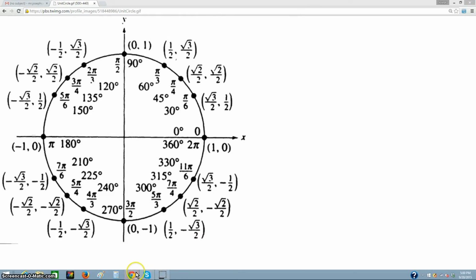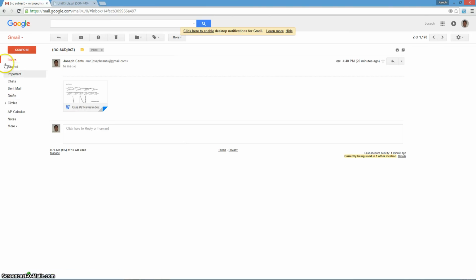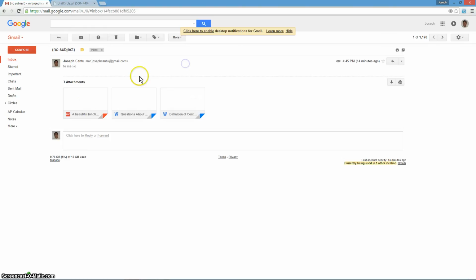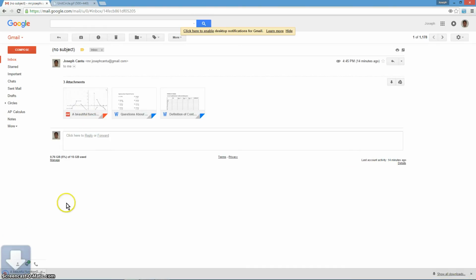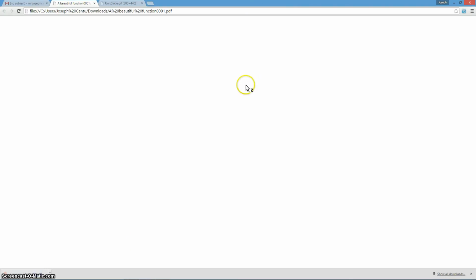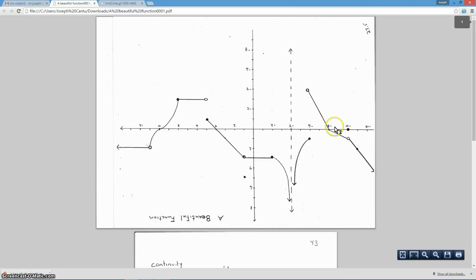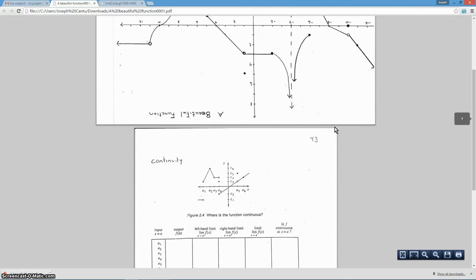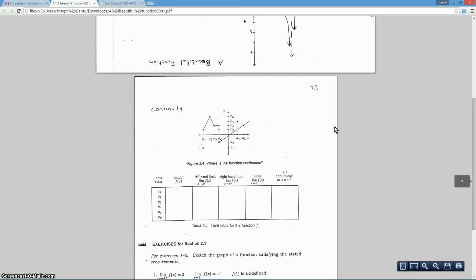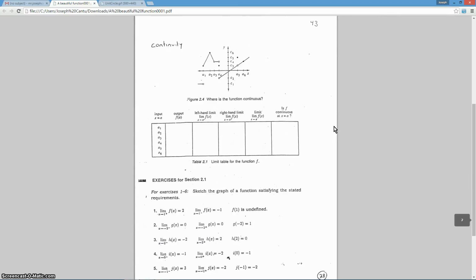Now for the rest of the class period, you will be given, let's see, this right here should be familiar to you. It was a worksheet entitled A Beautiful Function, which we did in class last year.